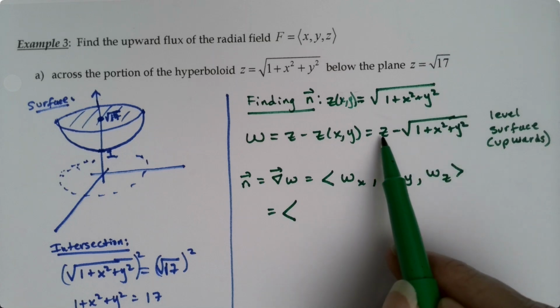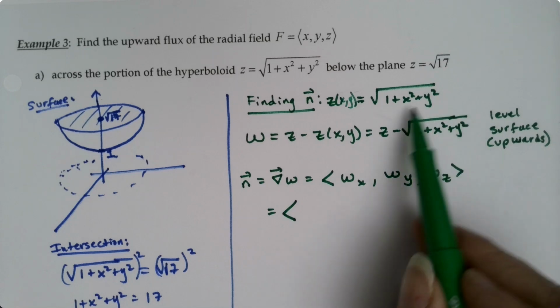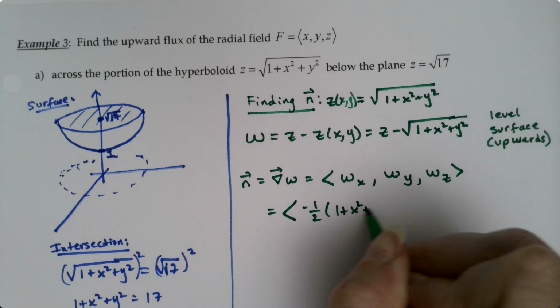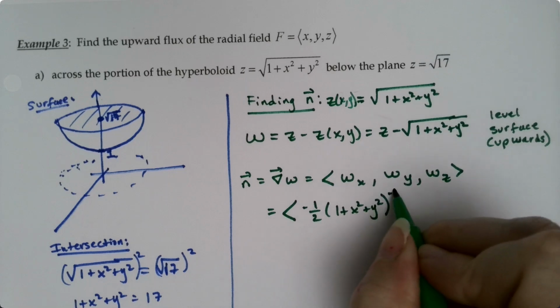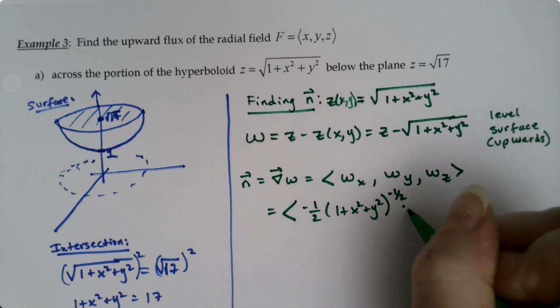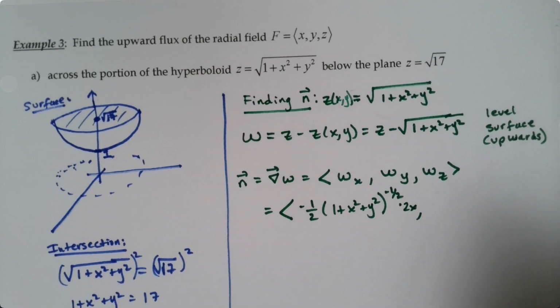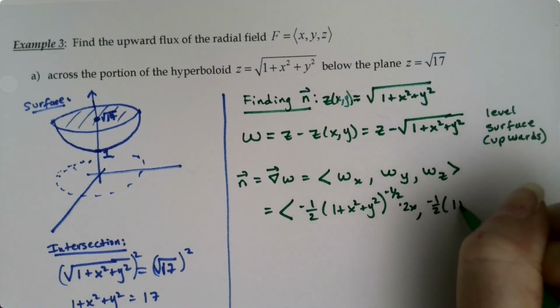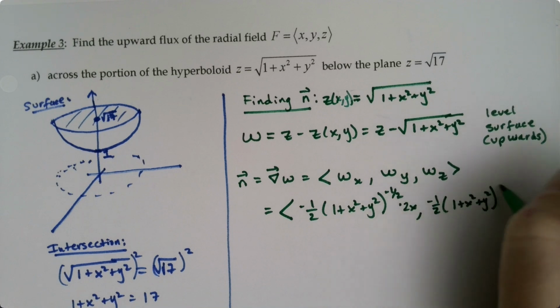The derivative of z is 0, so that's not going to do anything. So it becomes negative 1/2 times 1 plus x squared plus y squared to the negative 1/2 times the derivative of the interior, which is 2x. Then you're going to do that again for the y component. So it'll be negative 1/2, 1 plus x squared plus y squared to the negative 1/2 times 2y.